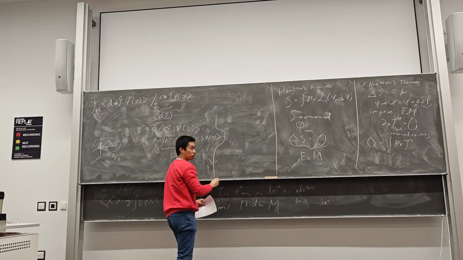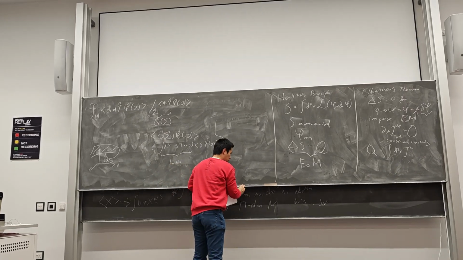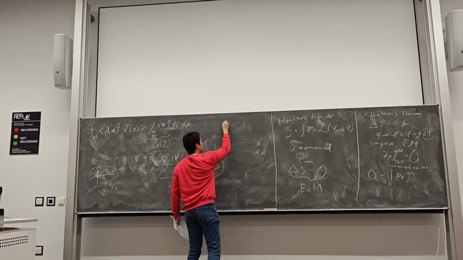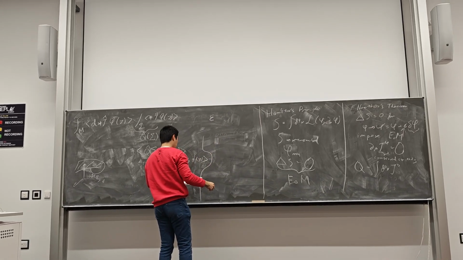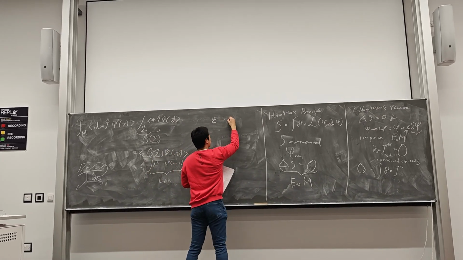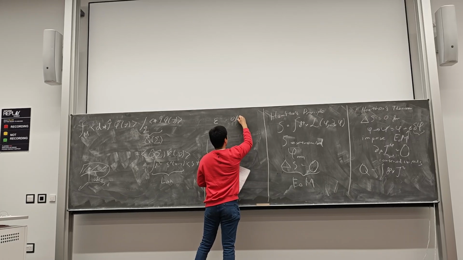So why is it called generalized symmetries? Previously, I mentioned that this is a constant, and this constant is a 0 form that is closed, right?